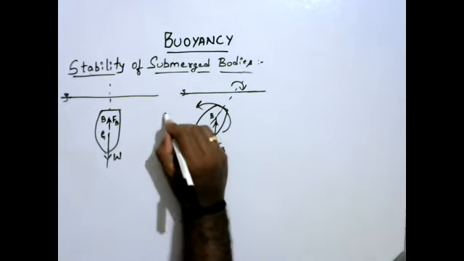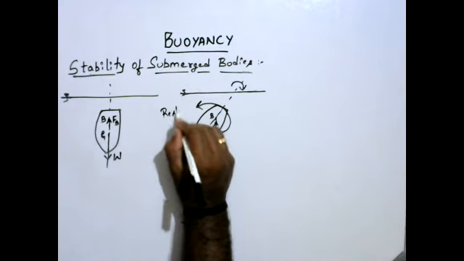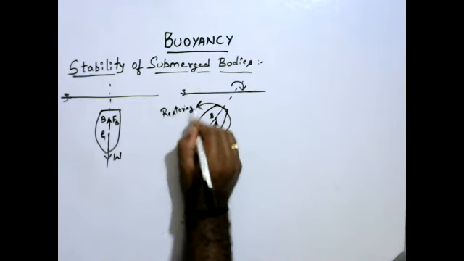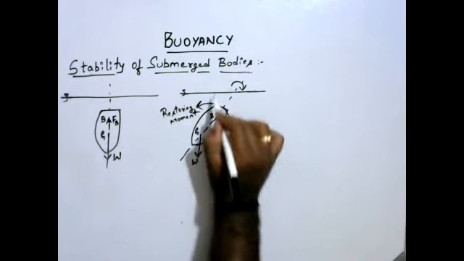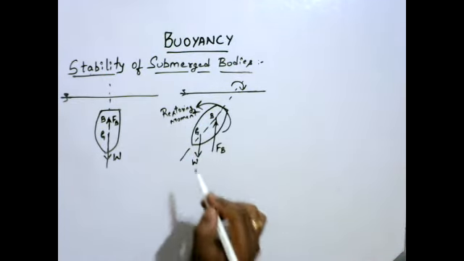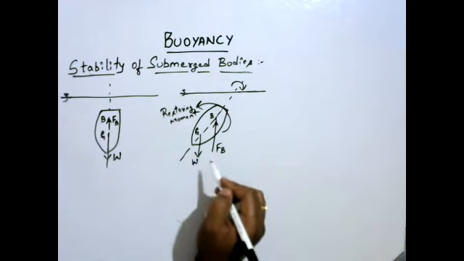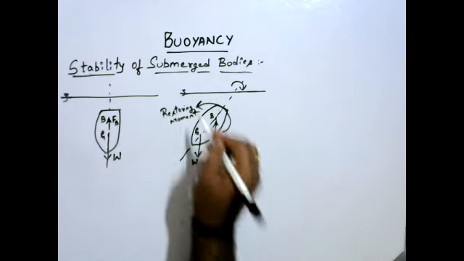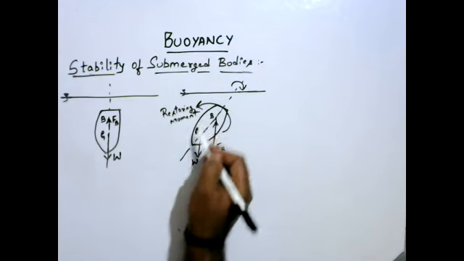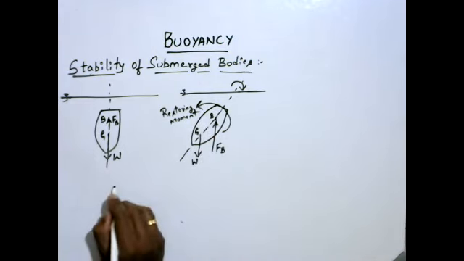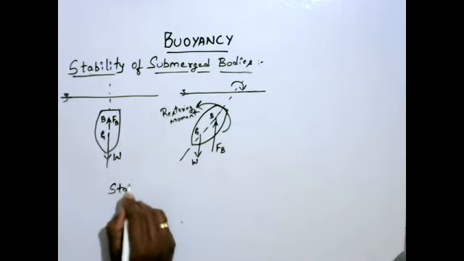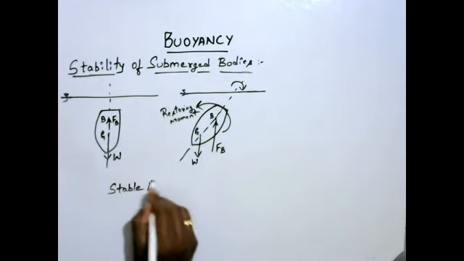This moment is what we call a restoring moment. Now you observe that I have given a clockwise rotation, but because of the weight and buoyancy force, a restoring moment is created, meaning this body will again come back to its original position. This type of equilibrium, we call a stable equilibrium.